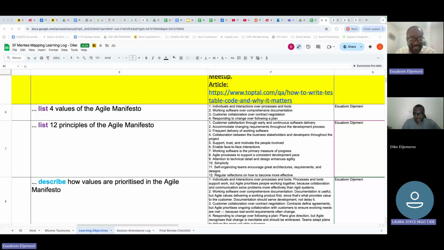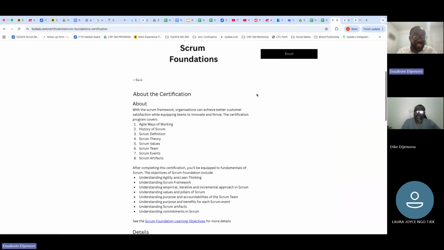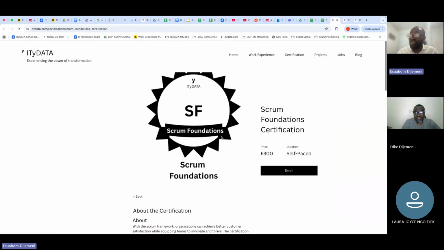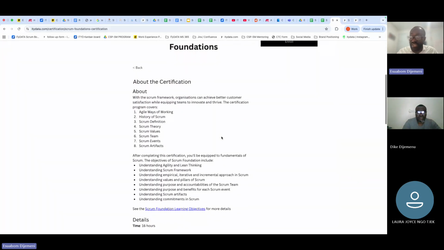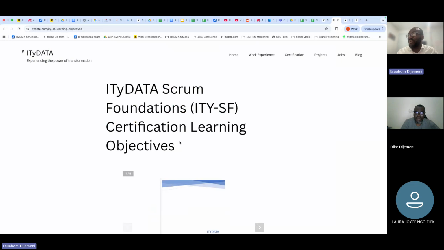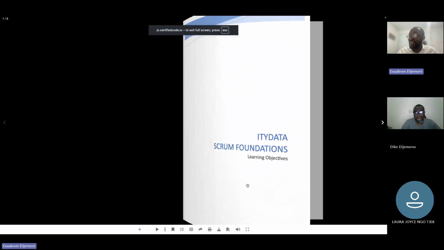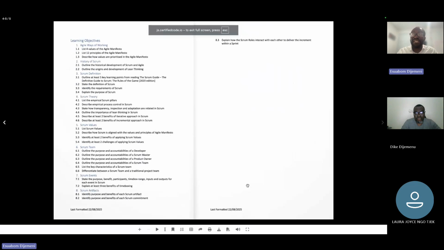Just to give you context, I was sharing this earlier. We're going through the learning objectives of our Scrum Foundation certification course, to ground us in the fundamentals of Scrum. DK already has his flight.